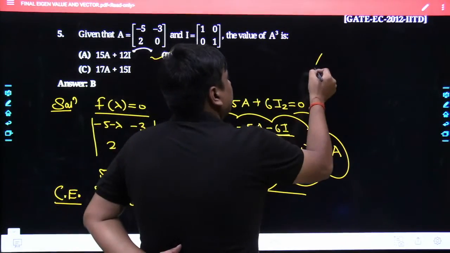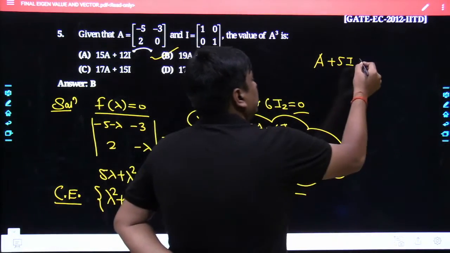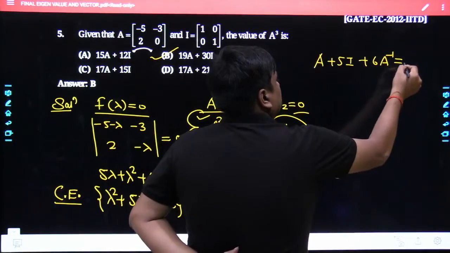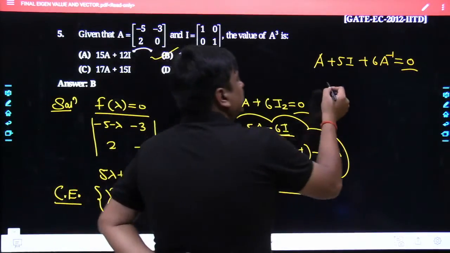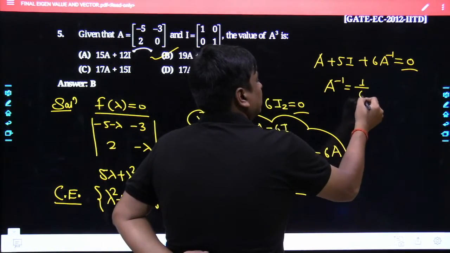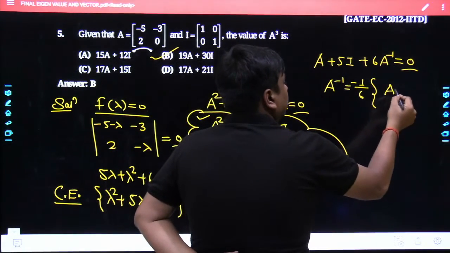So here it would become A plus 5 times of I, plus 6 times of A inverse equals 0. So easily you would be able to get the value of A inverse, which is equal to minus 1 upon 6 times A plus 5I.